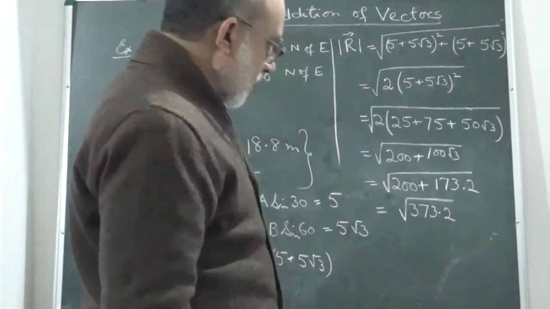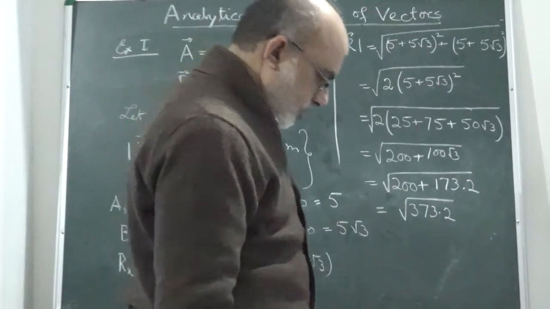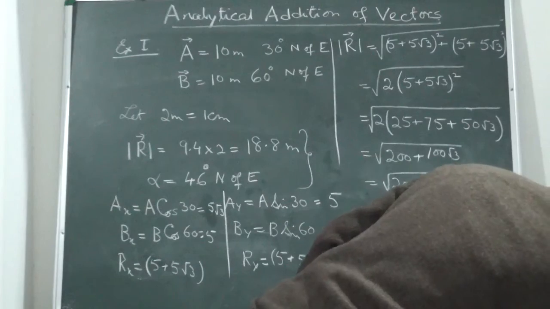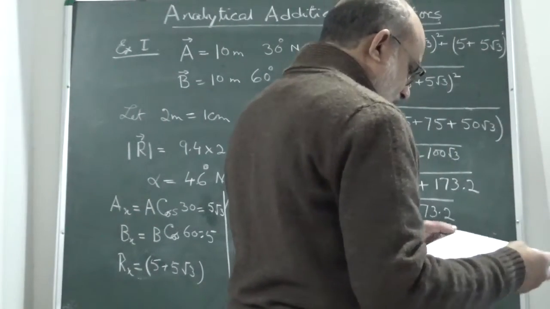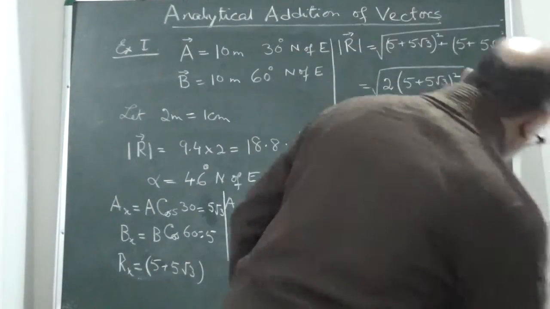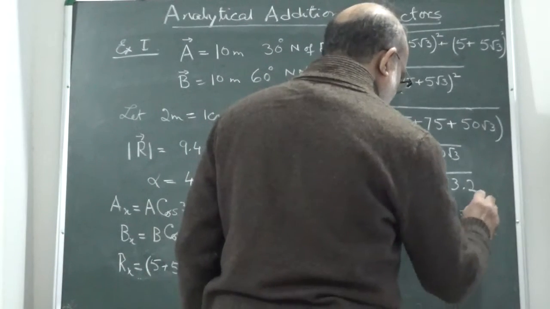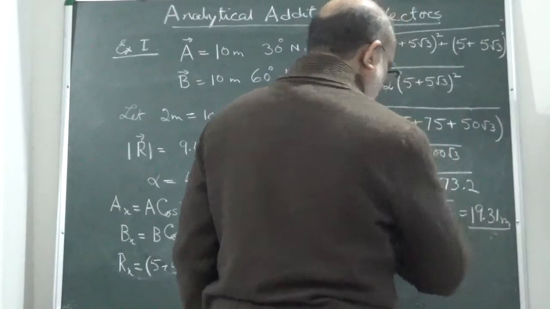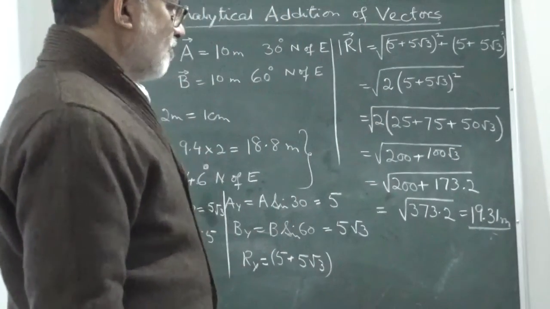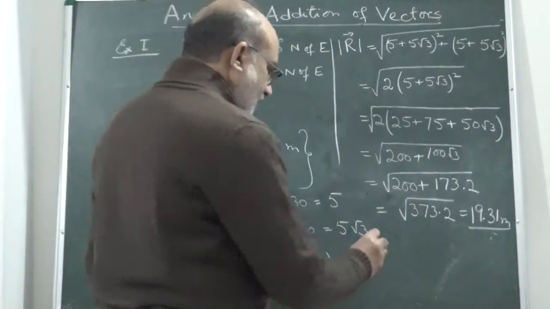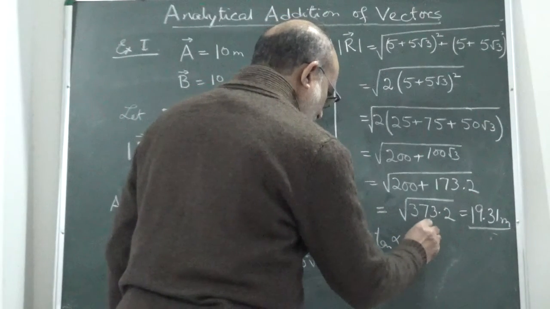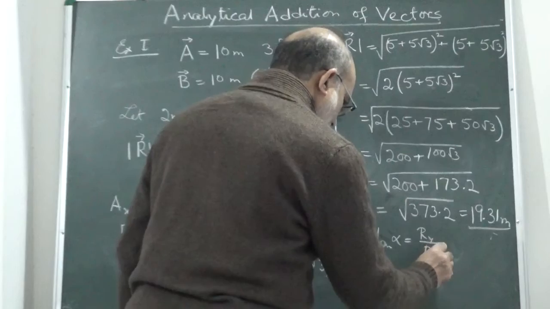Take the square root of this. The square root of this comes out to be 19.31. And the direction is given by tan alpha is Ry by Rx.